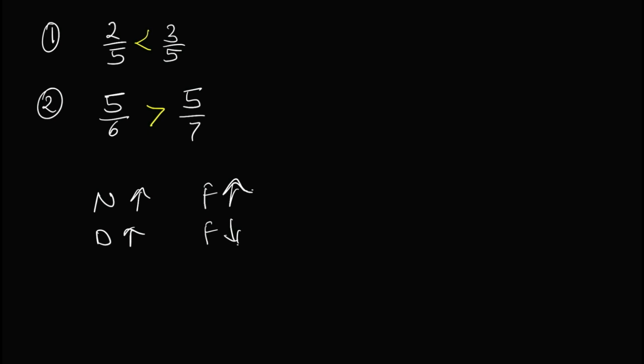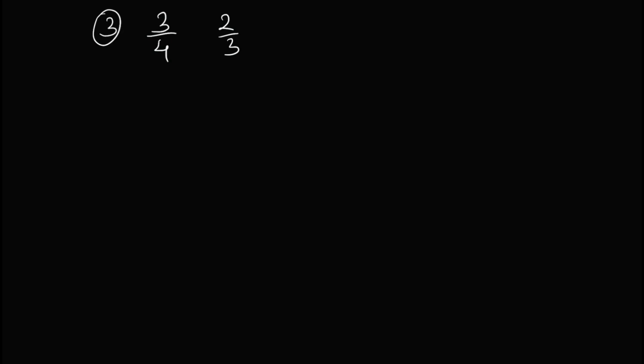Let's take another example: 3/4 and 2/3. Now which fraction is greater? In this example, the numerator and denominator are both different. So what can we do? There are different things you can do.